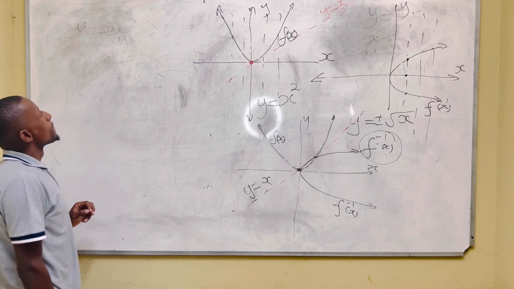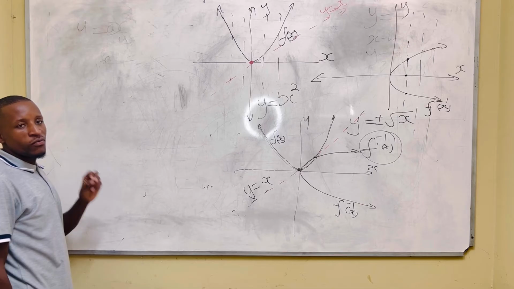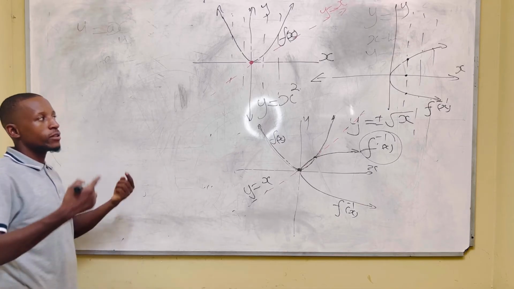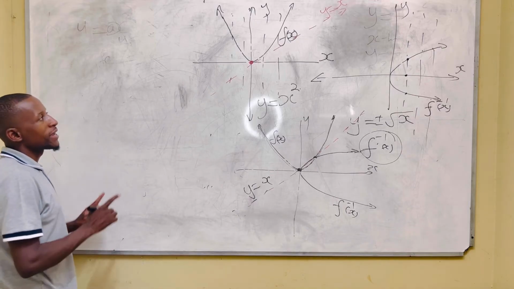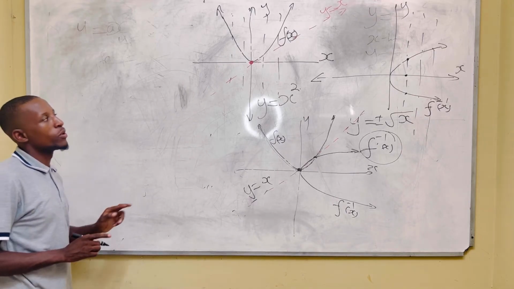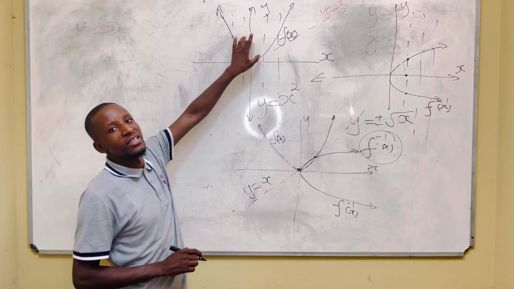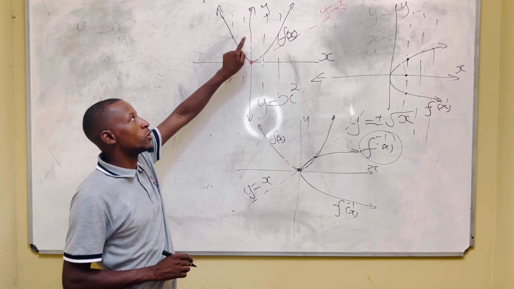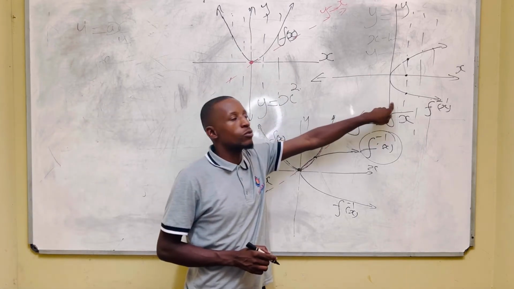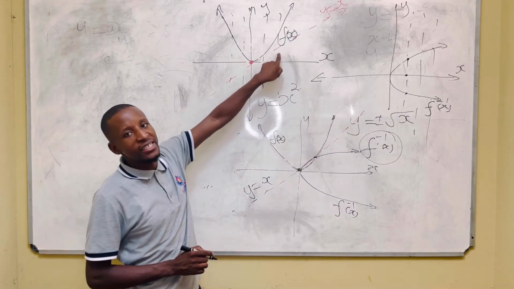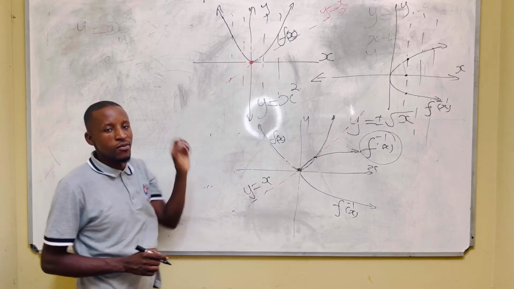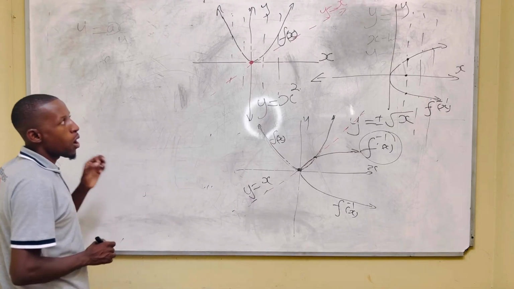So now we are moving to how do we make its inverse become a function. To make the inverse become a function, we must manipulate the original graph. If we change the shape of the original graph, its inverse will also change shape. So the inverse is dependent on its original, which is f of x. So how do you go about it?